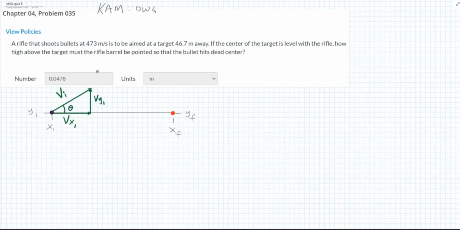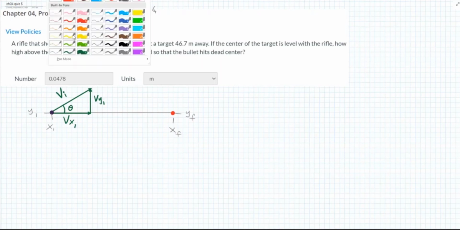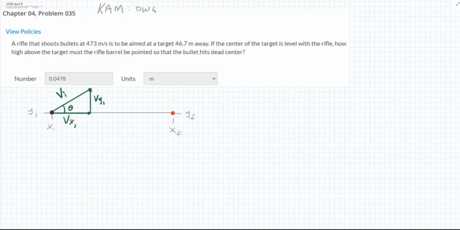The bullet, once launched at that angle, is going to go flying through the air along this parabolic path. Let me try that again. It's going to go flying through the air.